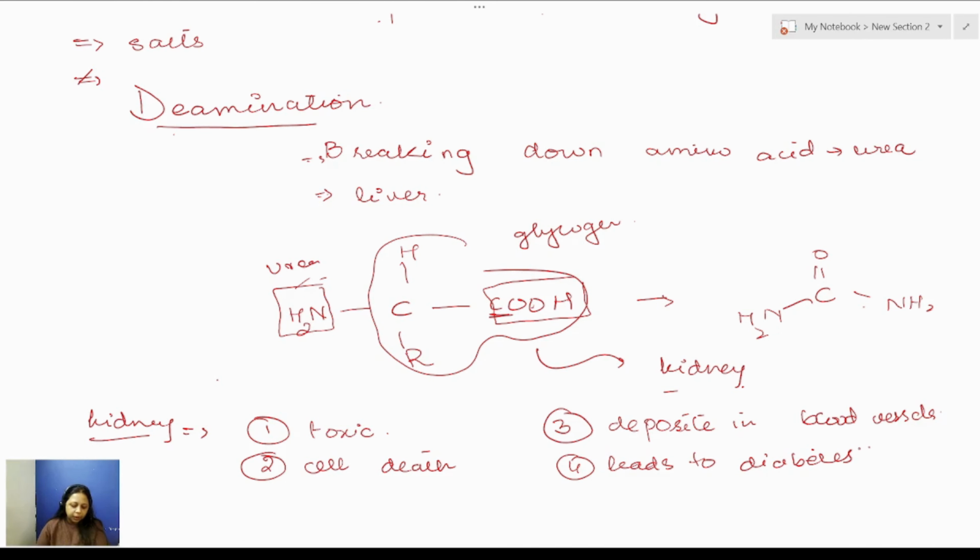Okay, that's why it leads to diabetes. One more thing. Have you ever heard that persons who have kidney issues are advised not to take protein foods like pulses or meat? A person who doesn't take enough water finds it difficult to remove urea from the body, because water removes urea.